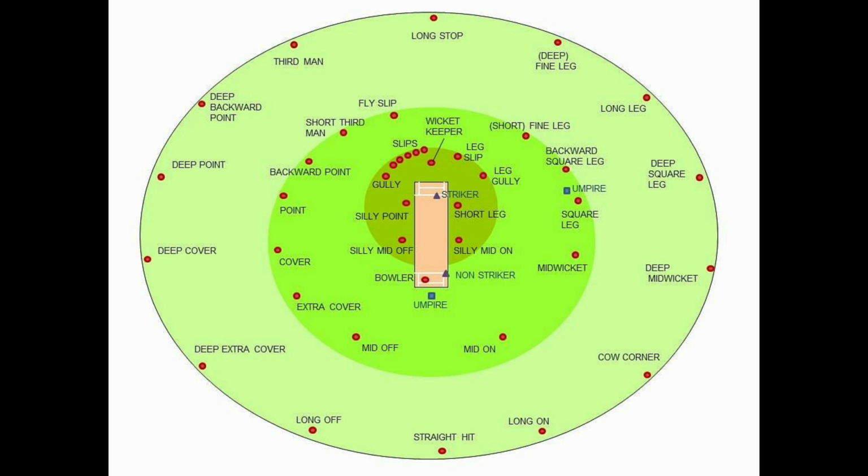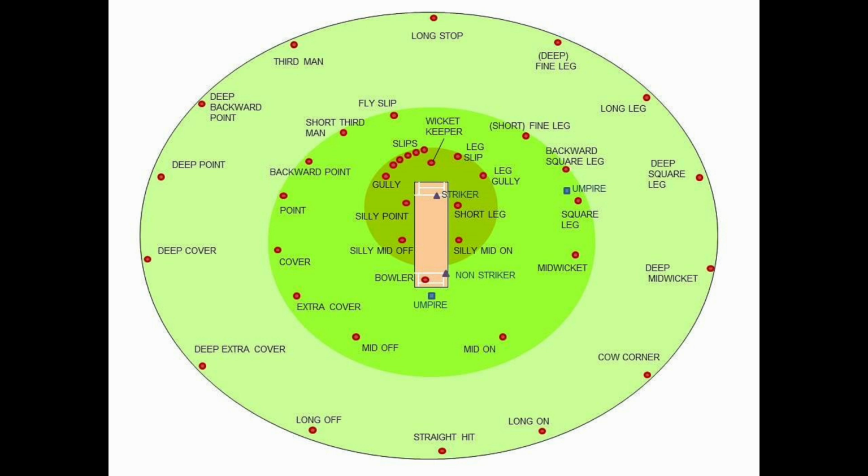And so the strategy, when it comes to field settings, is very much dependent on the type of game you're playing. So in 20 over cricket and 50 over cricket, you'll see this ring, right? We pointed this out a little bit before, but there's that inner ring on the field, and that will limit where you can place fielders.